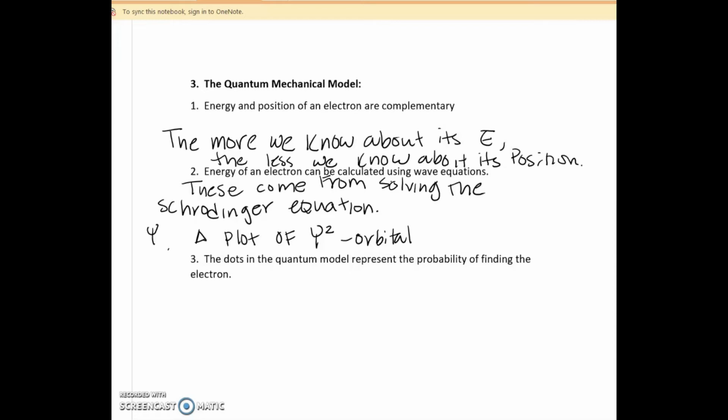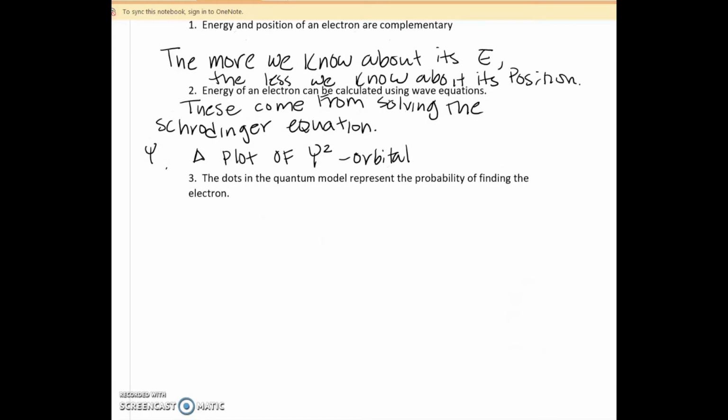We're going to be going over what these plots look like. Dots will represent the probability of finding the electron. Again, we're going to go over it more, but we can describe the probability distribution of where an electron will be by plotting dots. So we're going to go over what's called a dot plot.